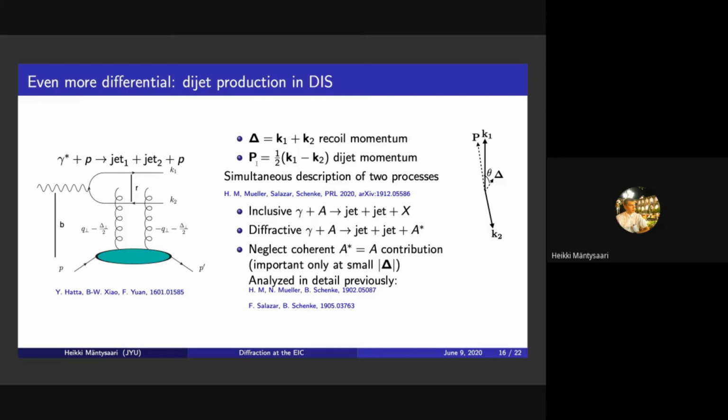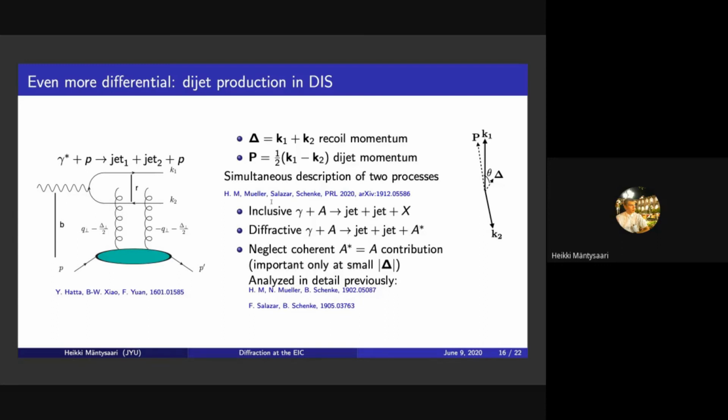In this recent letter, what we actually did was to simultaneously describe both inclusive dijet production and diffractive dijet production.